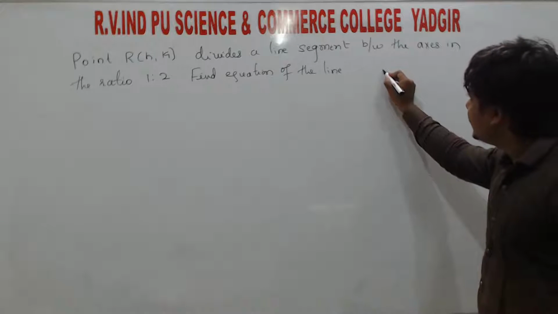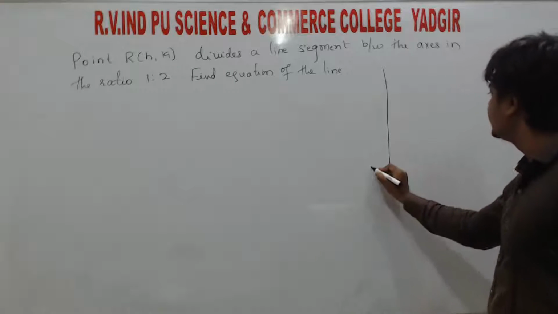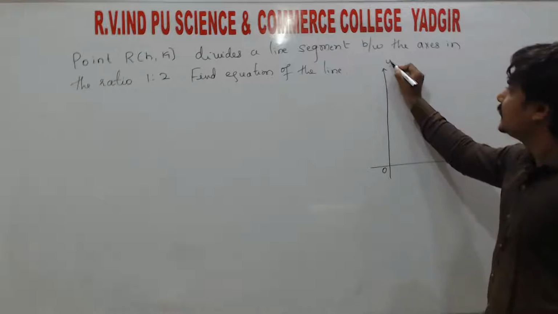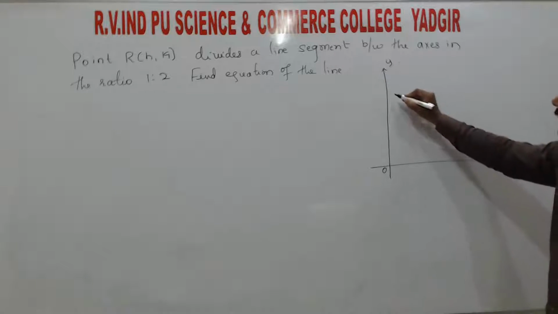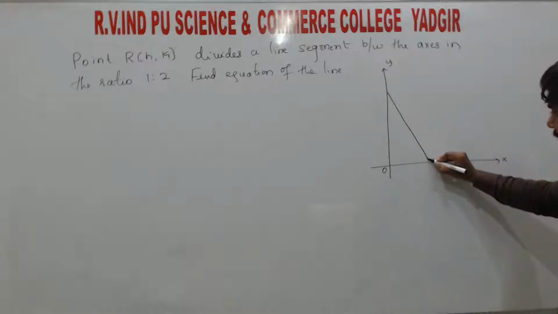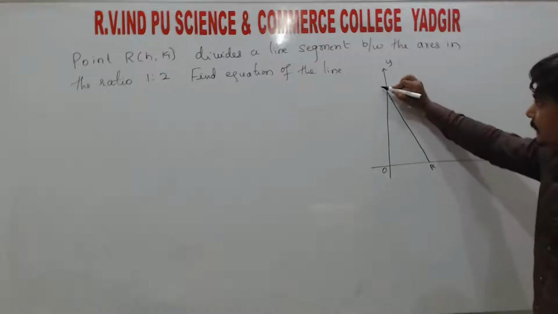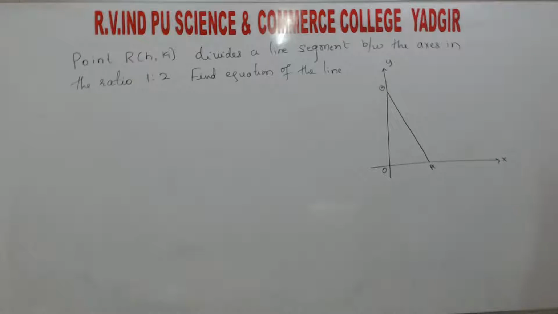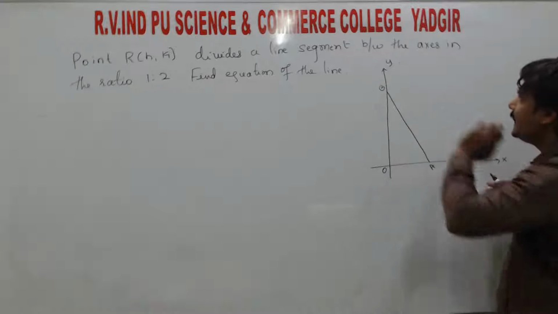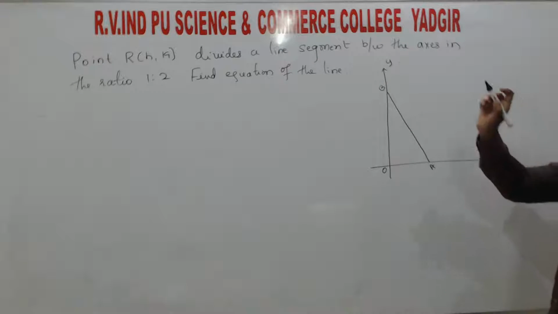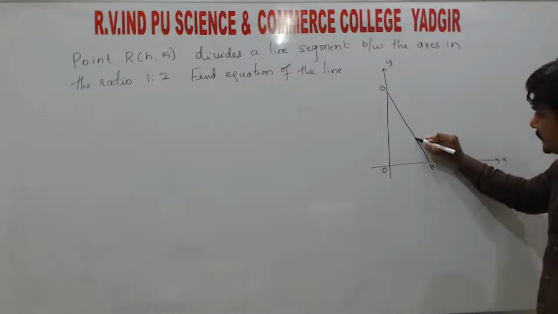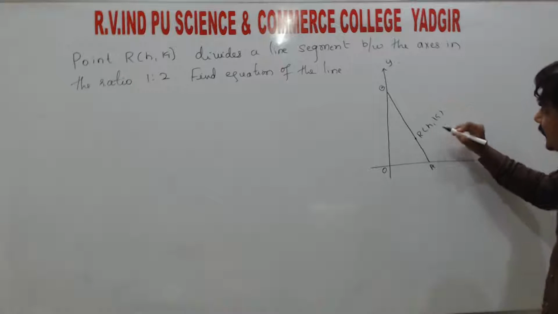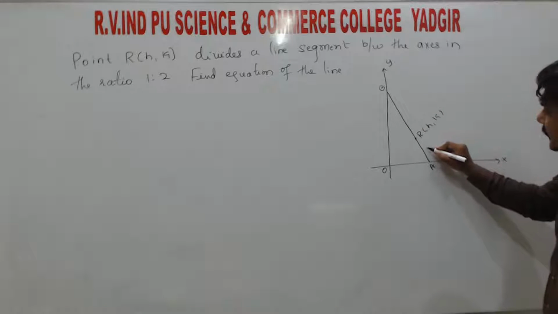Let us try to understand the data given to us considering the XY plane. So I need to consider a line segment between the axes. I have taken a line segment as AB. So AB is the line segment between the axes, and this line segment AB is divided by point R. In what ratio is this point R dividing line segment AB?